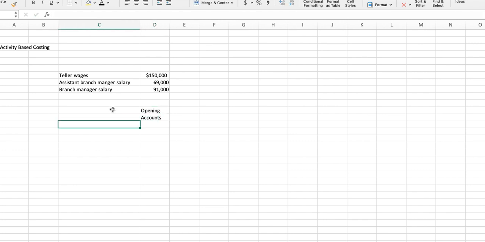I like this example too because almost everyone knows how banks operate. You've been in one. So we have processing deposits and withdrawals. We have processing other transactions.